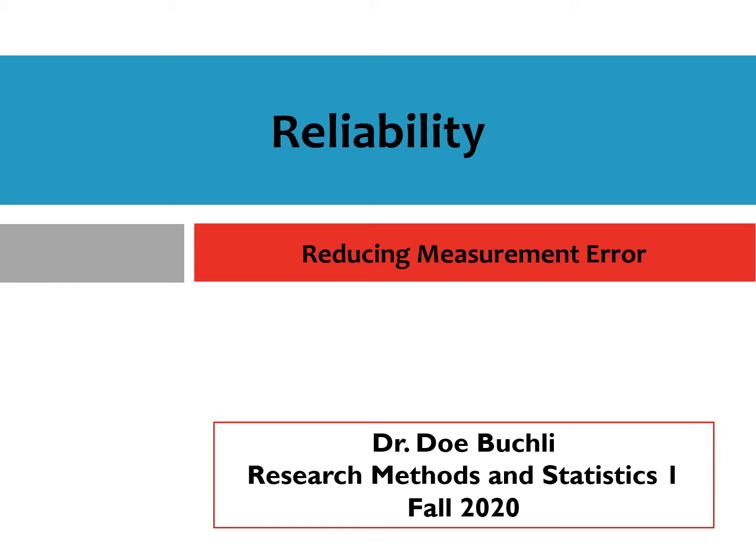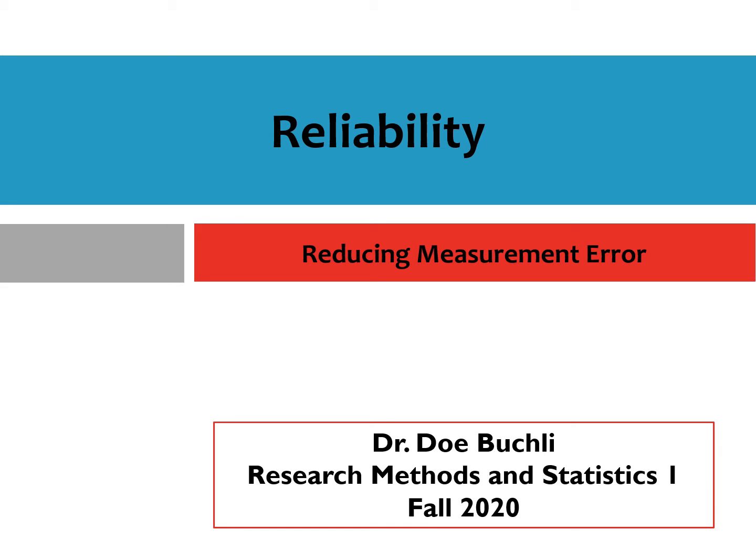So if my measurement instrument for the particular construct I'm attempting to measure is reliable, then that means I should get, or my respondent should get, the same score no matter how many times they take my test, or no matter how many times I attempt to measure the construct.